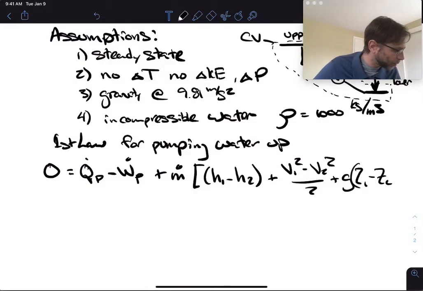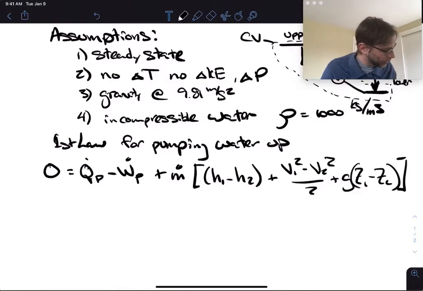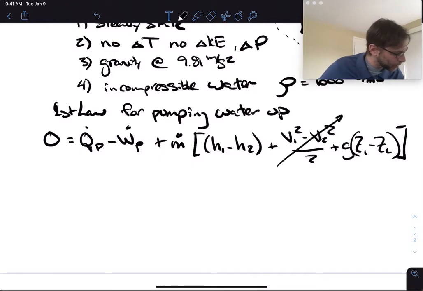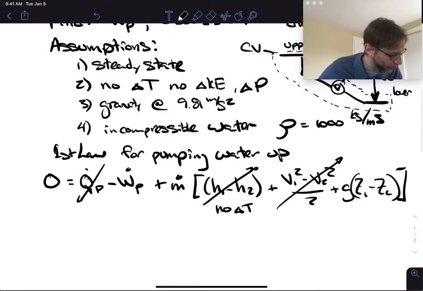Not squared, sorry. Z1 minus Z2. Okay? So essentially we said we neglected this term because there's no temperature change, no delta T. We definitely have work for the pump, but we don't have heat.